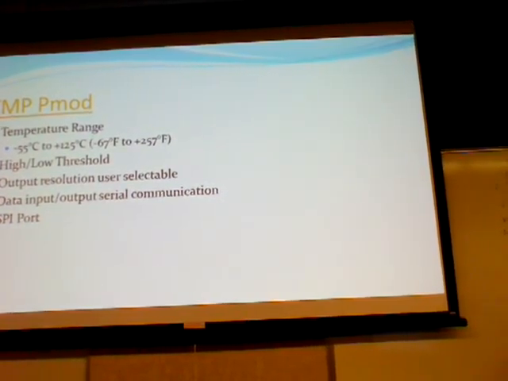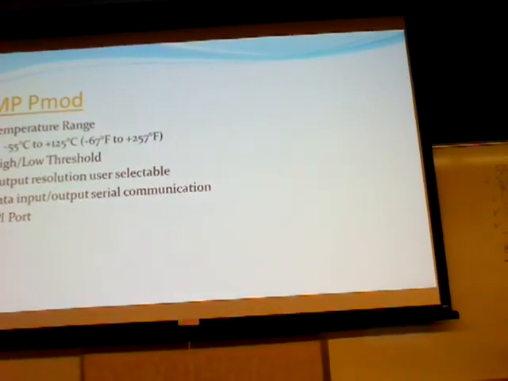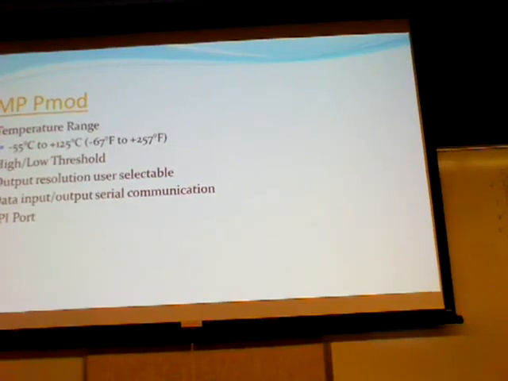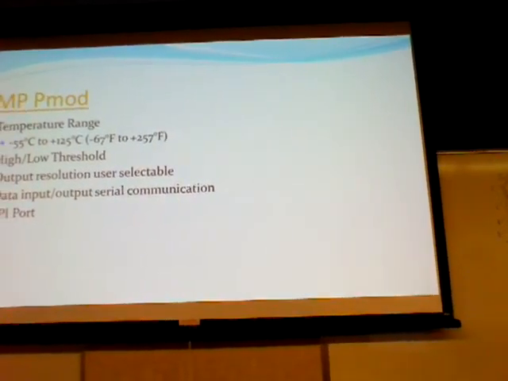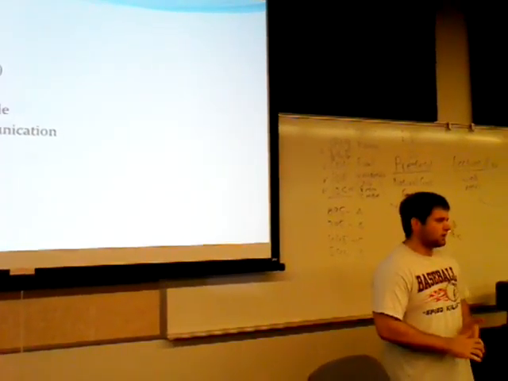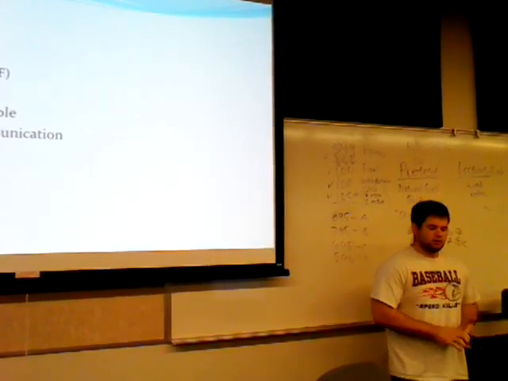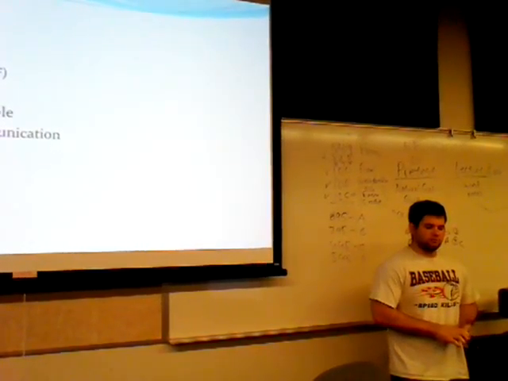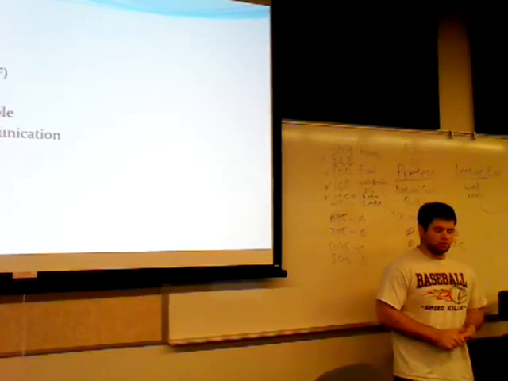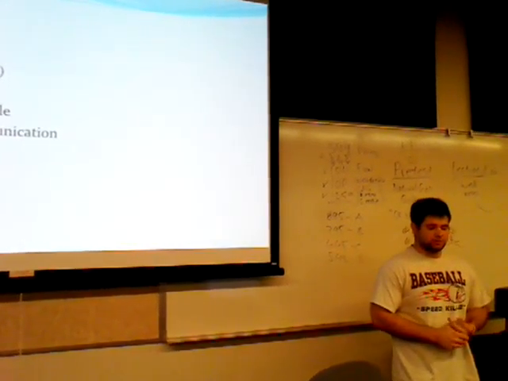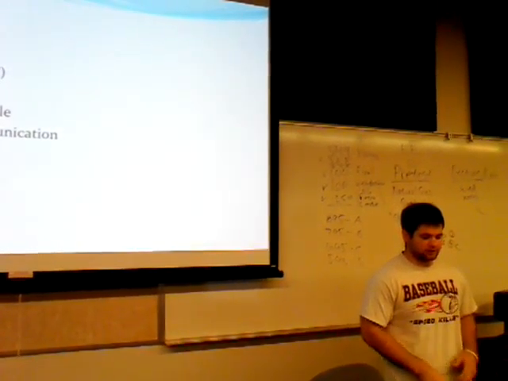The temperature control PMOD. This has a temperature range of negative 55 degrees Celsius to 125 degrees Celsius. When I did my measurements with that, the box never really got more than 100 degrees Fahrenheit, so I don't have to worry too much about the range, but it's good to have that extra.